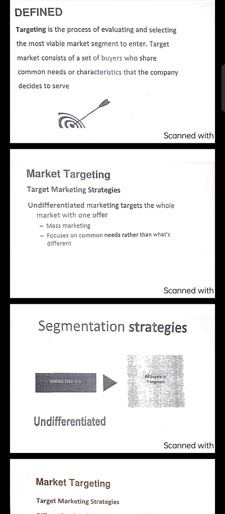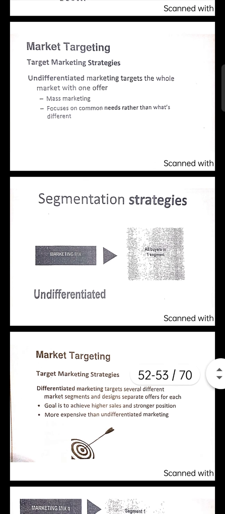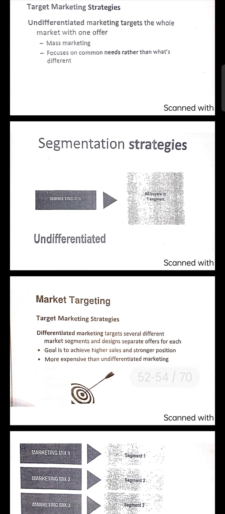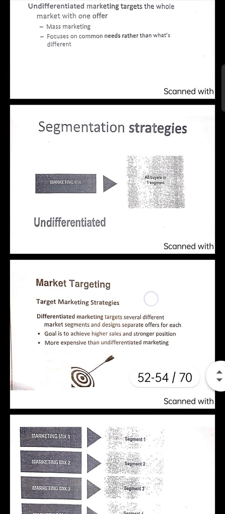That means you focus on everyone, could be the young ones, old ones, or anybody can be your target group of customers. So it's different from differentiated. Here with undifferentiated, we target all the buyers in the market.